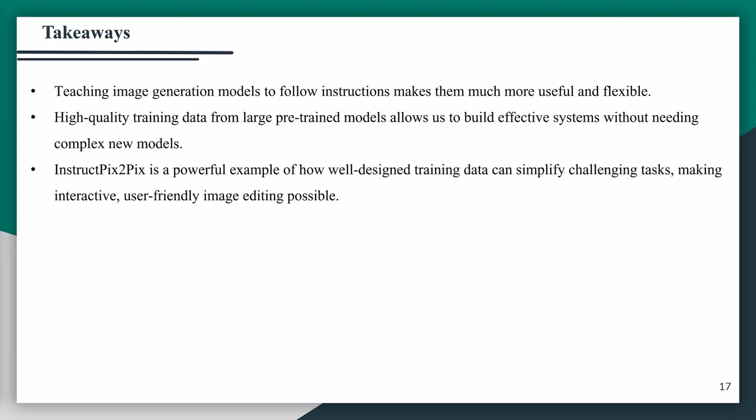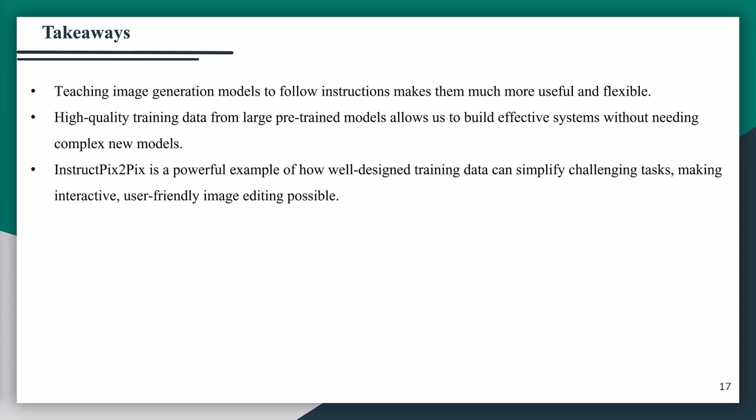Instead of creating complex new models, the authors focused on generating high-quality training data using existing pre-trained models like GPT-3 and Stable Diffusion. So this approach allowed them to build a model that can handle complex edits through a simple prompt.